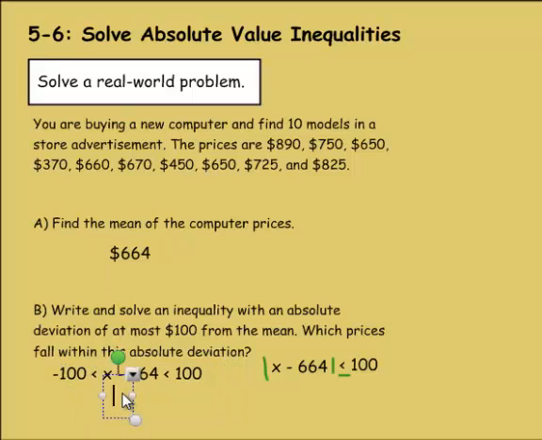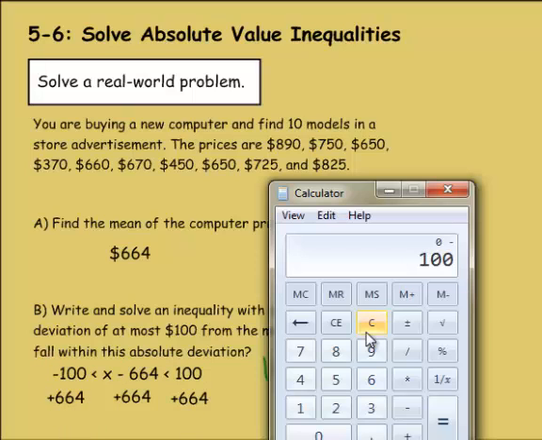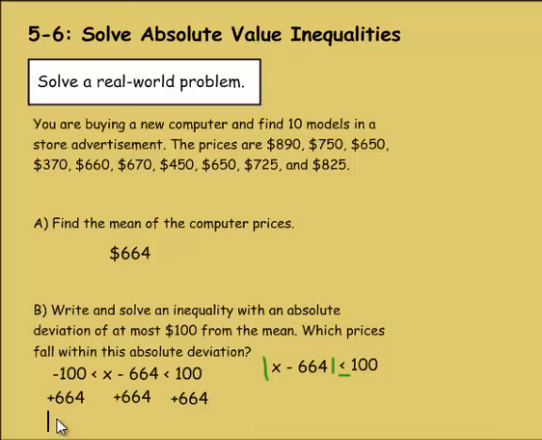We could add 664 to both sides then. So negative 100 plus 664 would be 564. 564 is less than x, which is less than 100 plus 664, which would be 764. And here would be my inequality.